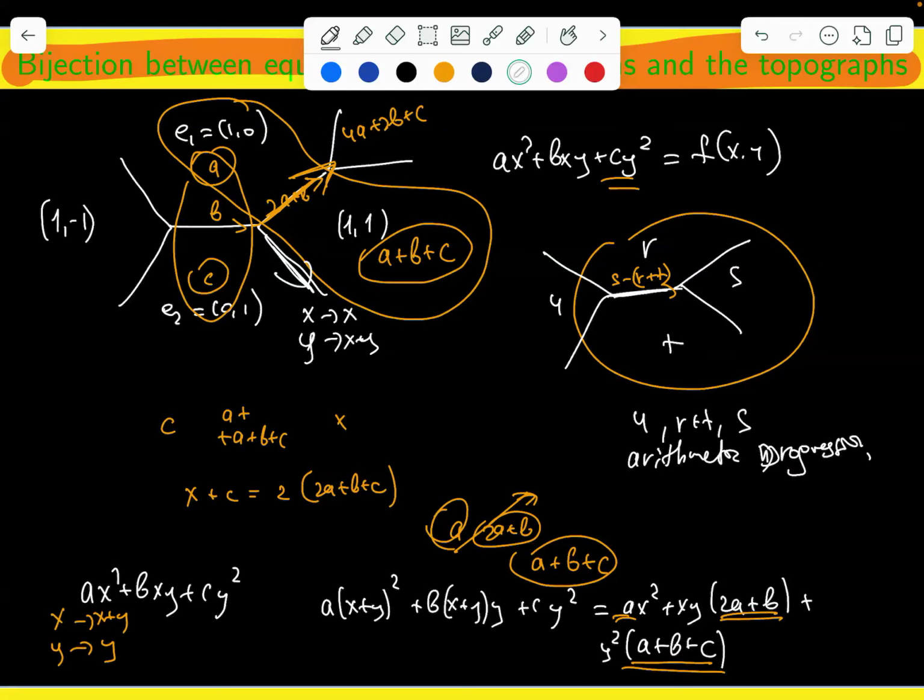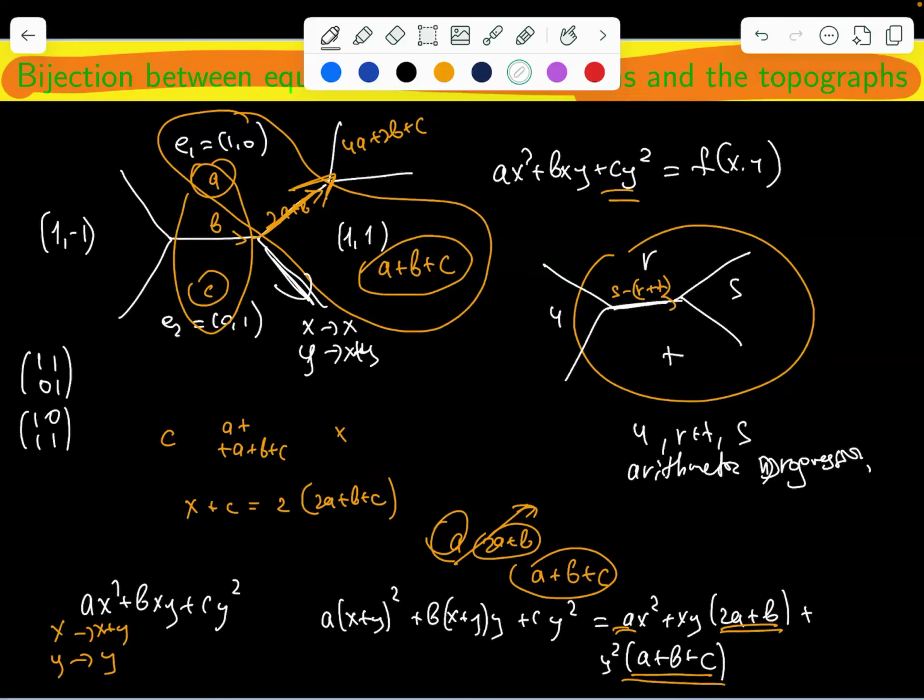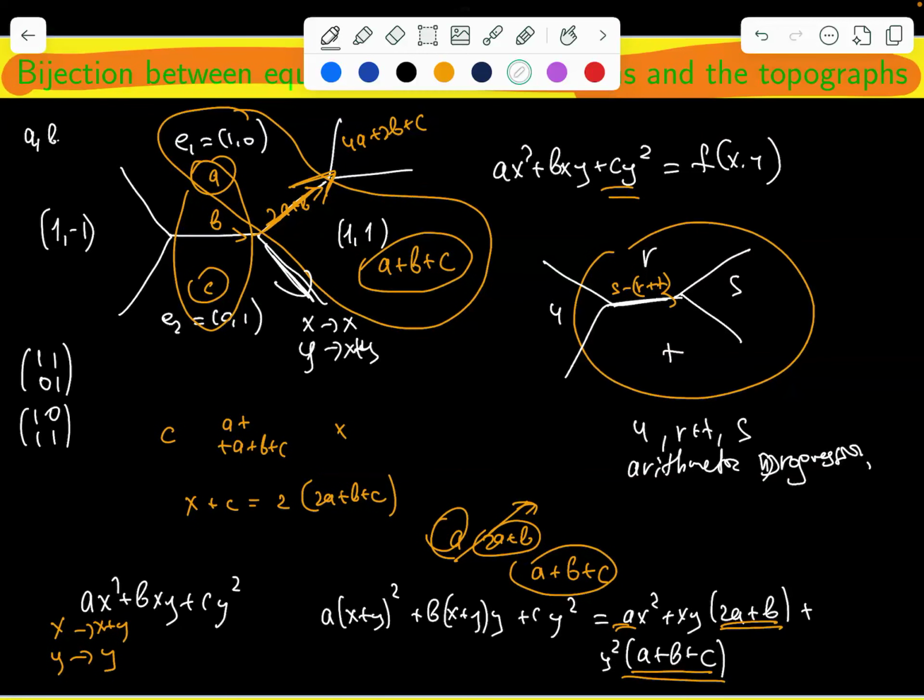So it means that we have these two generators, and these two generators generate the whole SL2(Z), right? So it's enough to apply just the matrix (1 1; 0 1) and the matrix (1 0; 1 1), so that they generate the whole SL2(Z). So it means that if we start with the form A, B, C, then what we see on this topograph is all the forms which are equivalent to the form ABC.